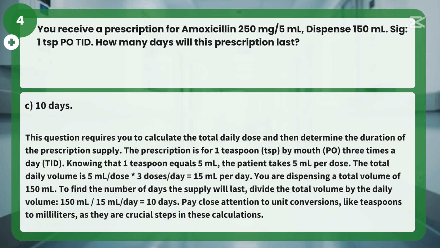The total daily volume is 5 milliliters per dose * 3 doses/day equals 15 milliliters per day. You are dispensing a total volume of 150 milliliters. To find the number of days the supply will last, divide the total volume by the daily volume, 150 milliliters / 15 milliliters per day equals 10 days. Pay close attention to unit conversions, like teaspoons to milliliters, as they are crucial steps in these calculations.